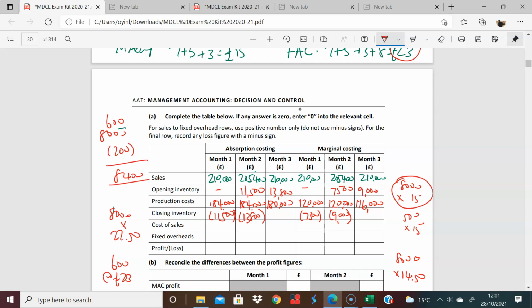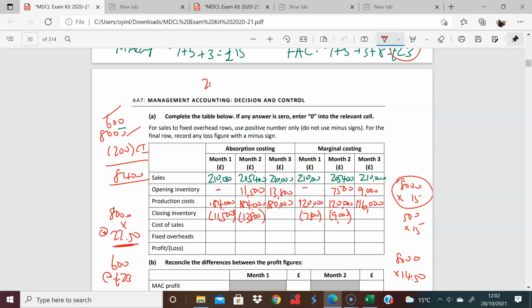to get this. Opening inventory plus production less closing inventory gives you the figure of 8,400. And so what we now have, of course, is this picture here where we will have 200 units left, but these 200 units are valued at this £22.50 because this is the full cost of making this, and it's the £14.50, same thing.